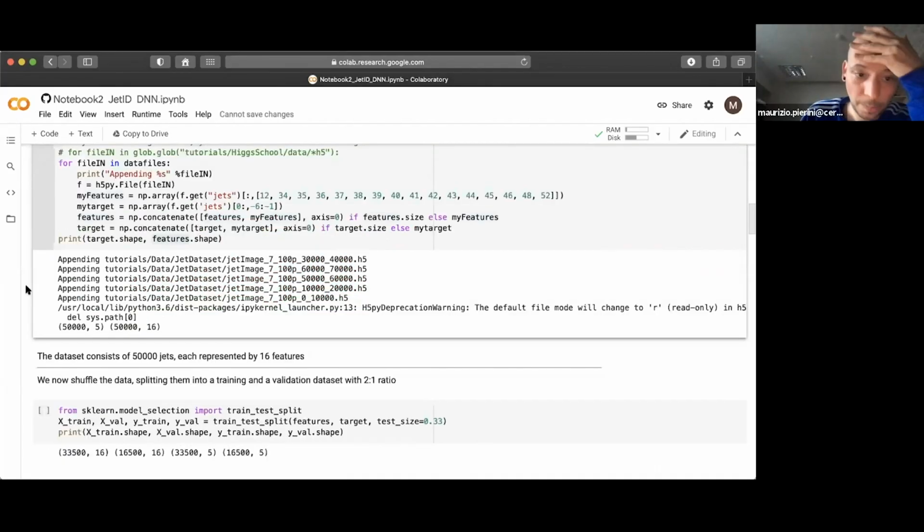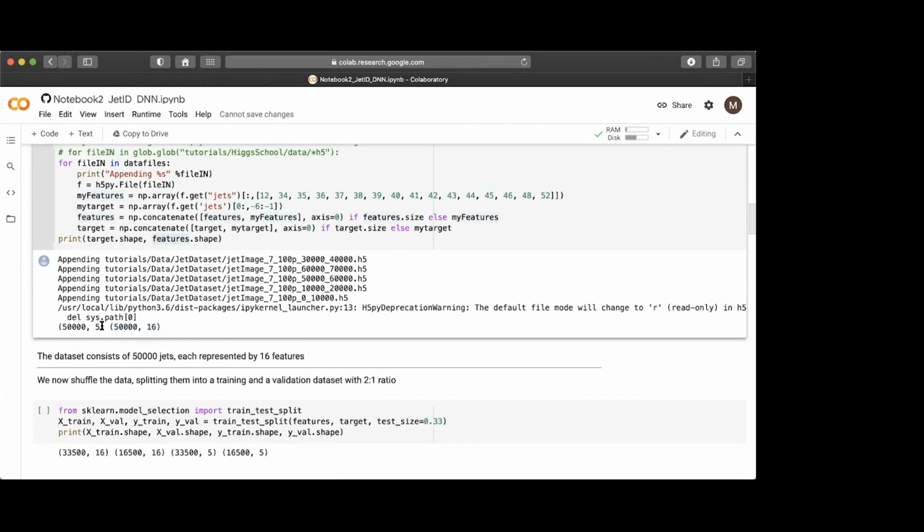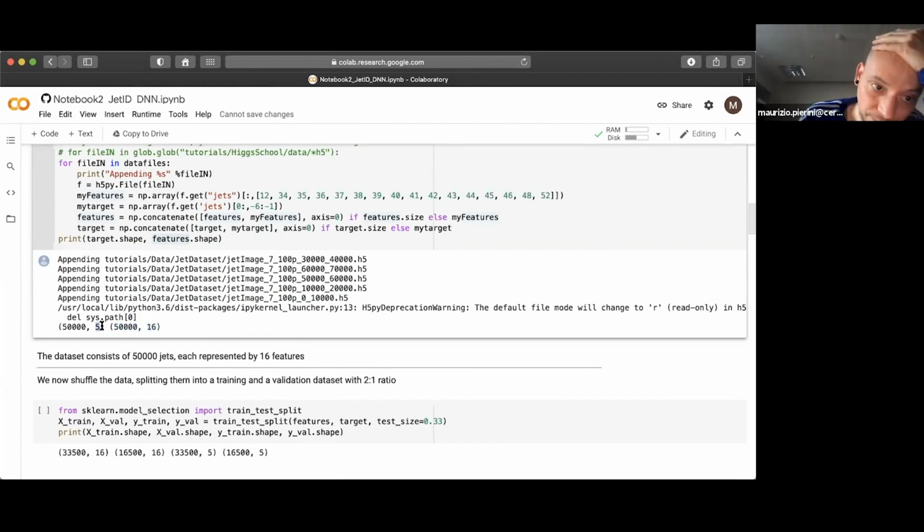Do you? Right, yes. So we have 50,000 jets, we have 16 features, and these 5 things are 5 numbers, 0 or 1. The reason why we have 5 of them is because it's called one-hot encoding. For a given category, you have 1 if the jet belongs to that category, or 0 if it doesn't belong.